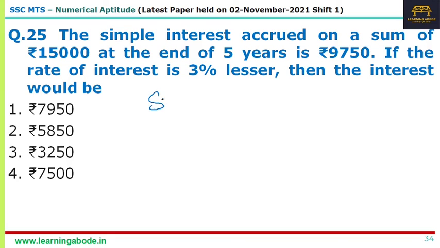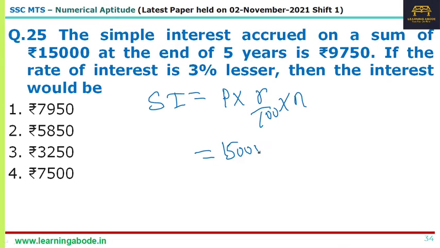So simple interest, we know the formula. It is P into r by 100 into the number of years. So principal is 15,000. Simple interest is 9750. Rate of interest is what we are supposed to calculate, and the number of years is 5 years.